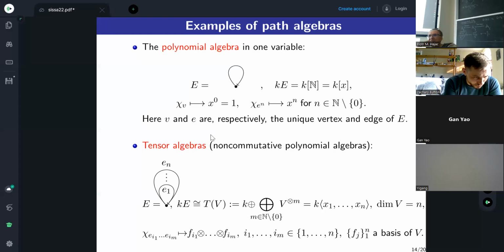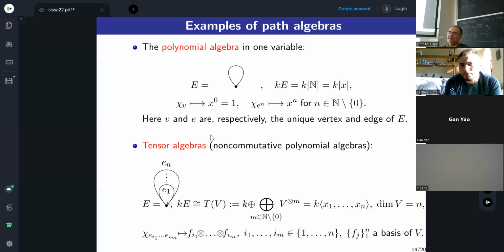There's a whole Bible of Skowroński, Simson. I wouldn't dare to say algorithmic, but it's something which is very tangible. Instead of some abstract modules of a ring, you say, okay, I first turn my algebra into a quotient of a path algebra.